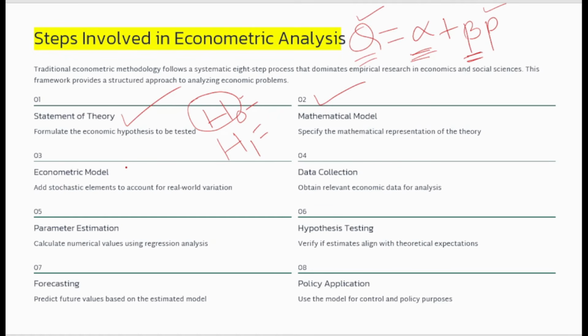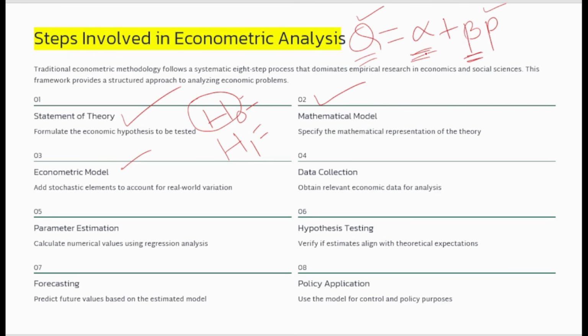The third step is the econometric model. We have to transform the mathematical model to the econometric model, because the mathematical model gives you only the deterministic, or we can say exact, relationship.